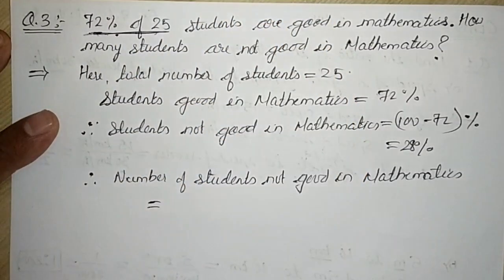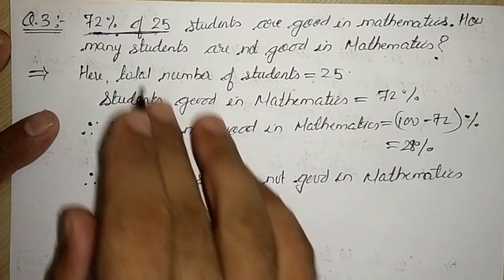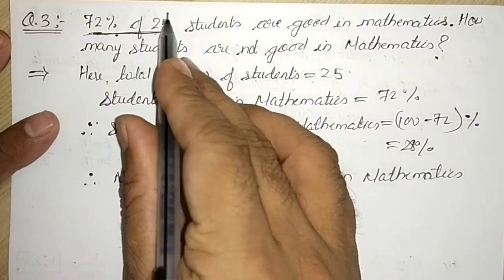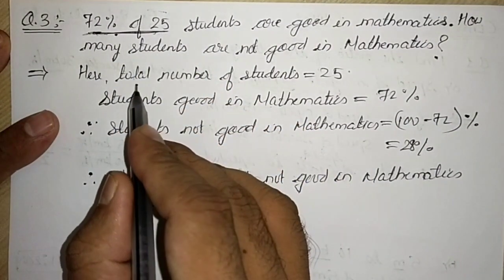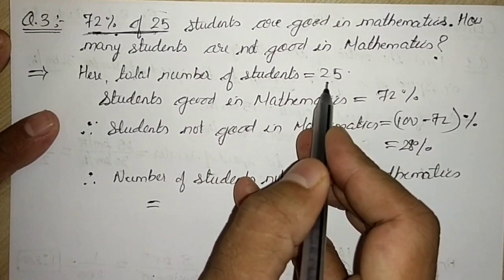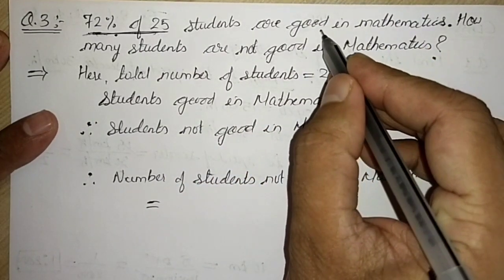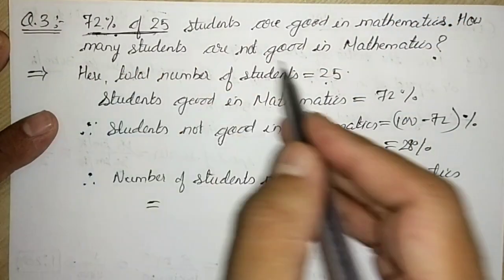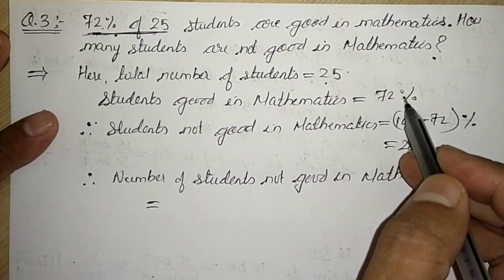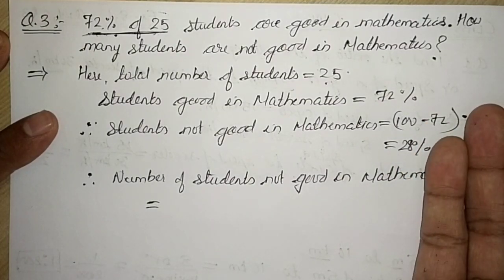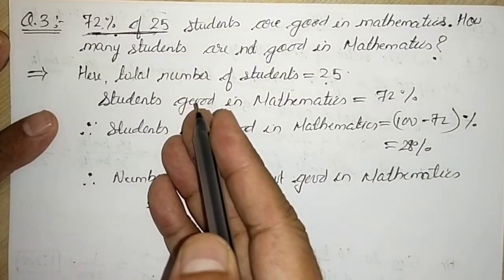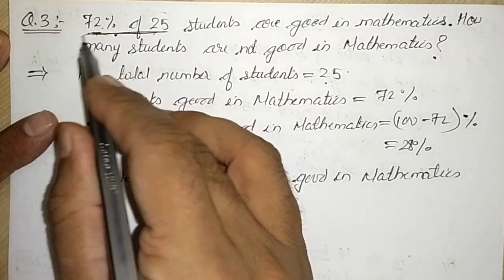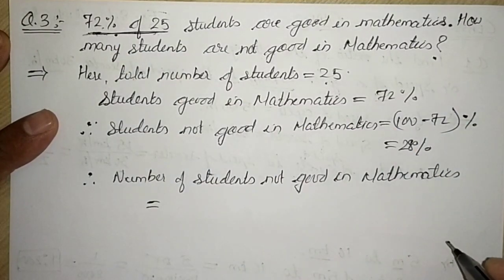So we will find both of them. Whatever they have given I have written here, and now I will solve. Total number of students is equal to 25. Students good in mathematics in percentage is 72%. So out of 100, students not good in mathematics will be 100 minus 72, which is 28%.